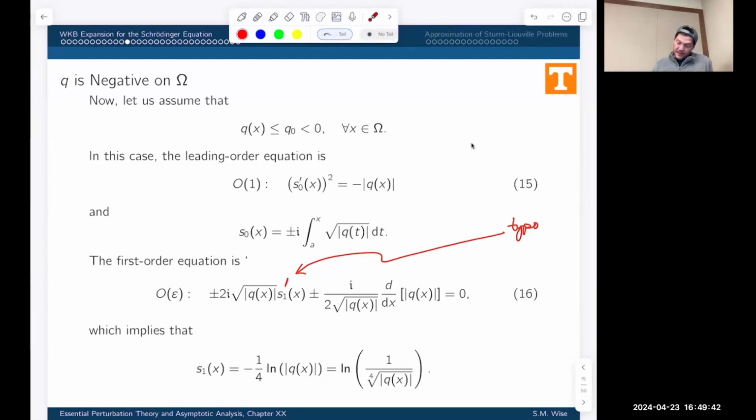But it works out in exactly the same way as it worked out before. The plus minus I that you get in front of every term cancels. So that's good. And when you solve this equation, integrating once, again we don't care about the constant of integration because that can be absorbed in an unknown constant.